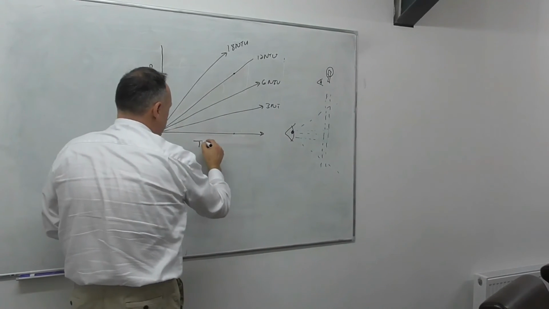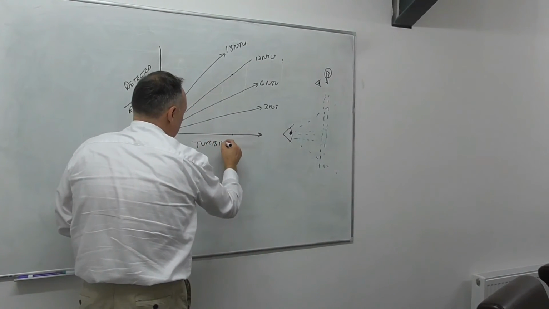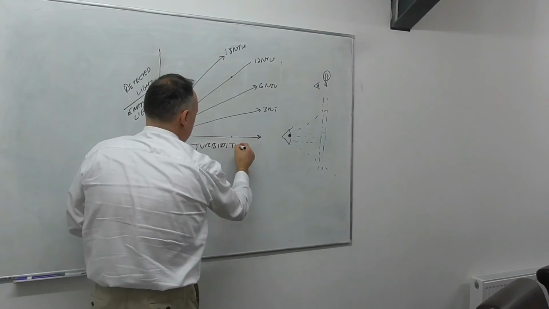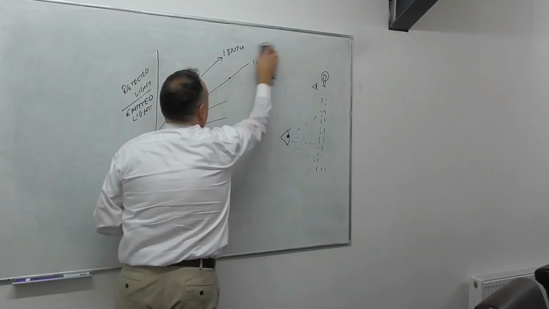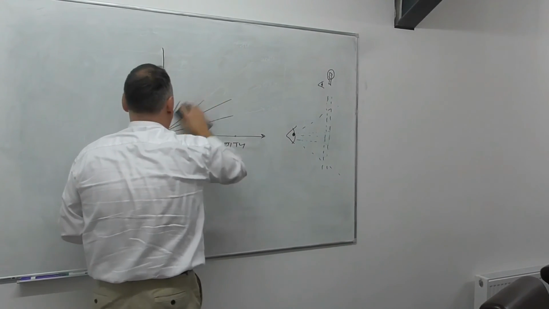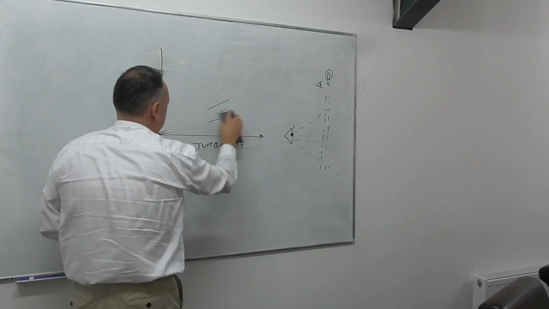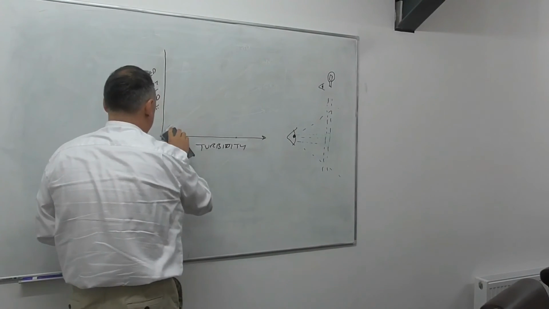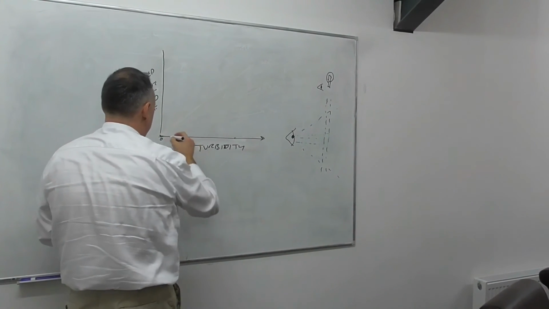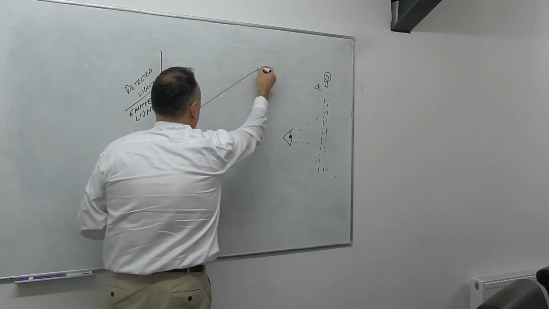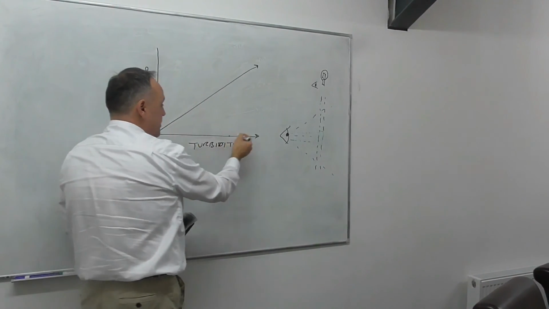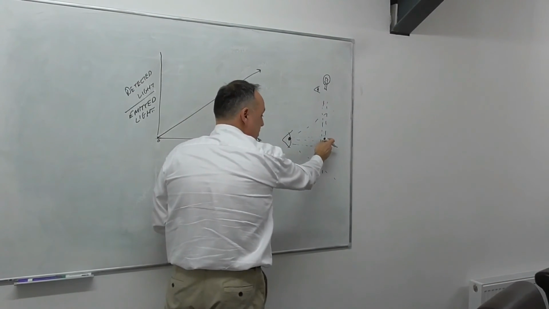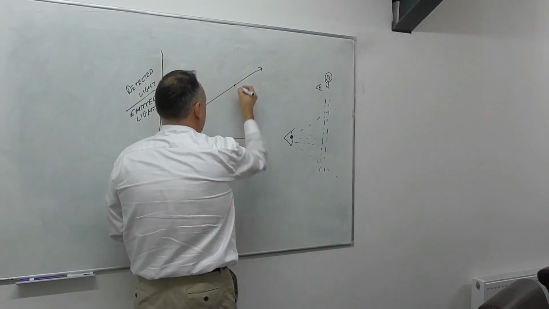And I can plot that against turbidity, and I end up with a single line which I can calibrate. So if I put 20 NTU turbidity here, I can calibrate it.